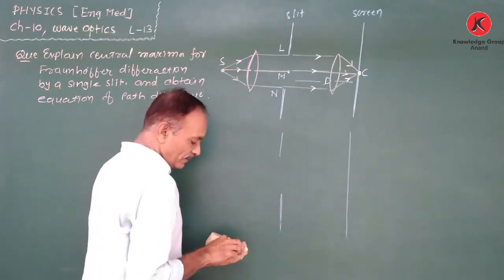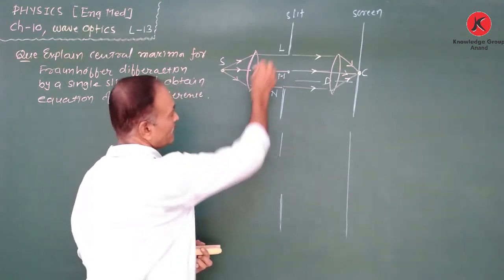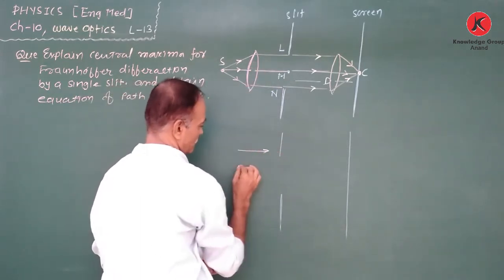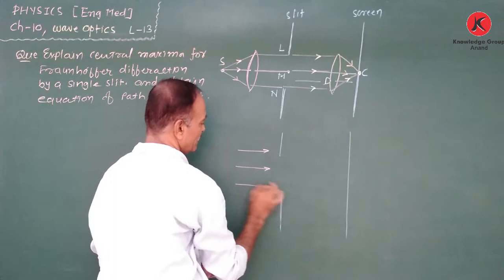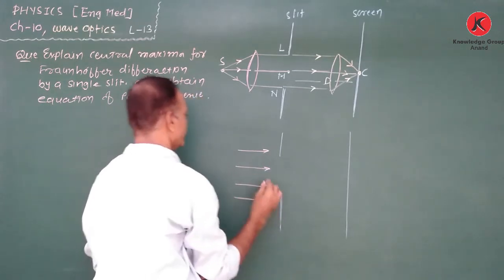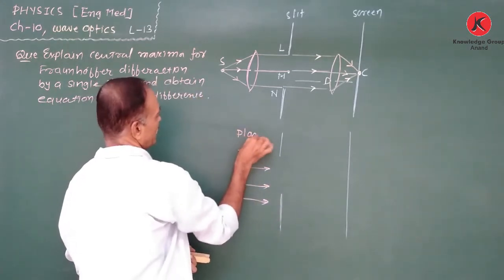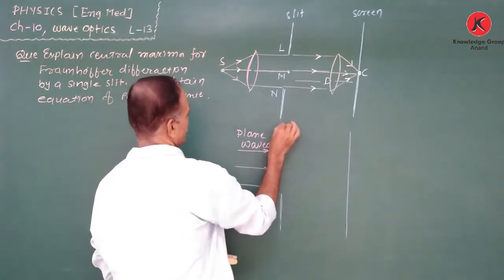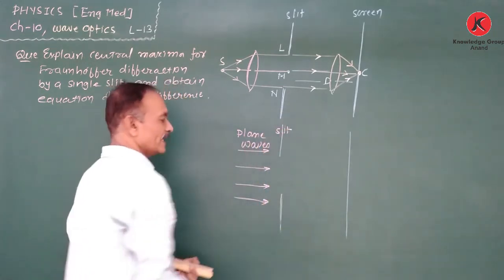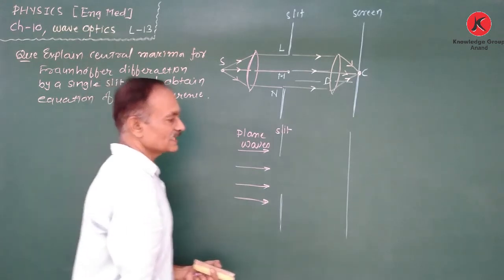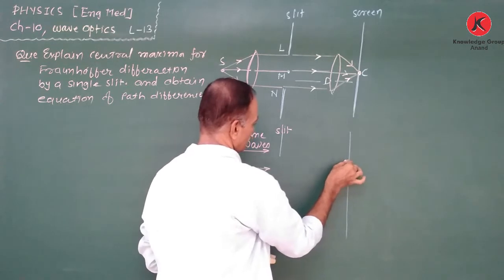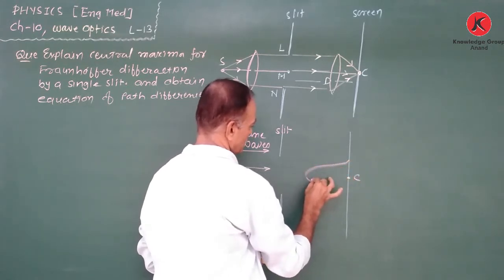The wavefronts emanating from the convex lens are parallel plane wavefronts, incident on the slit. As a result, here there is the point C, and the fringes are obtained this way.